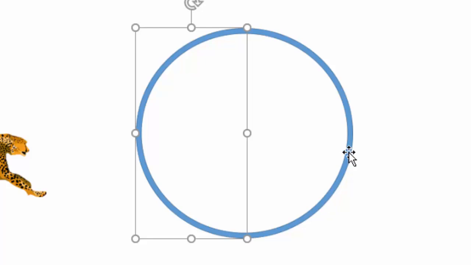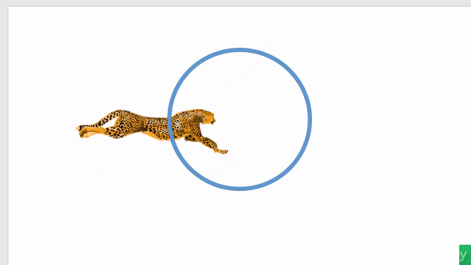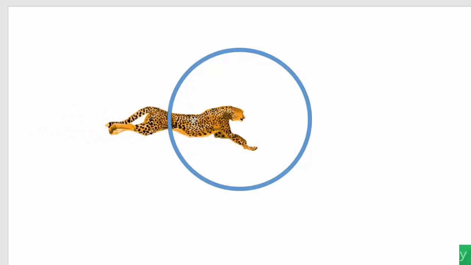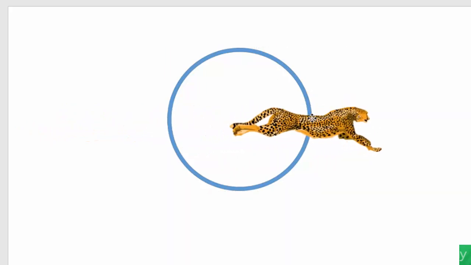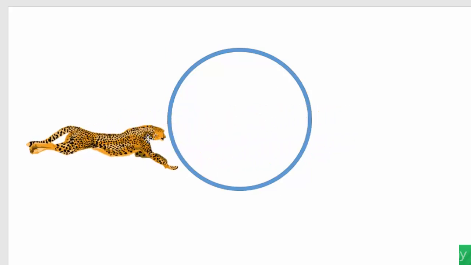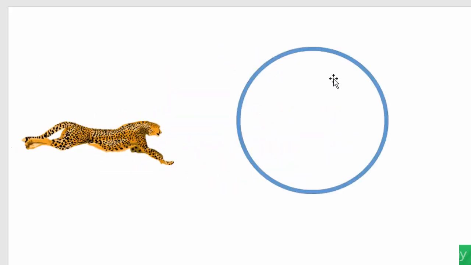Now, let's do something else to it. Remember, let's go back to that first slide so I can show it to you. Since the first part of the circle, the cheetah is going to go behind it, and then this one is going to go in front. So that means the right side of the circle needs to be set to behind.